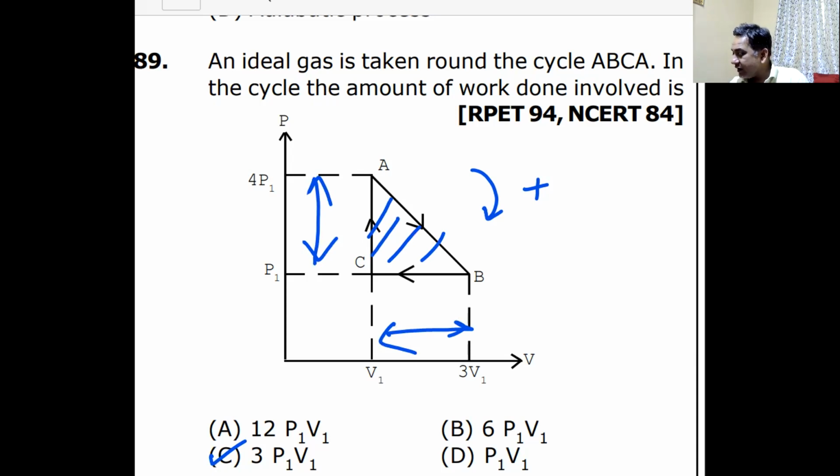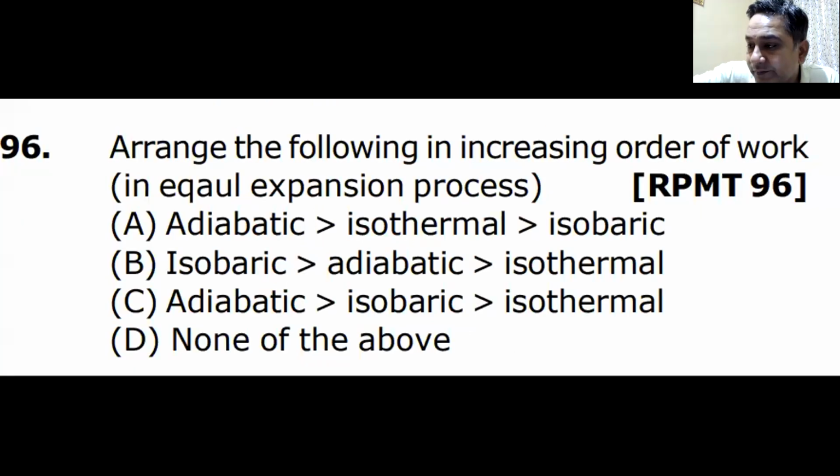And that would take me to the next possible question, my dear friends. I hope you can tell me the answer for this one. Arrange the following in increasing order of work in equal expansion process.